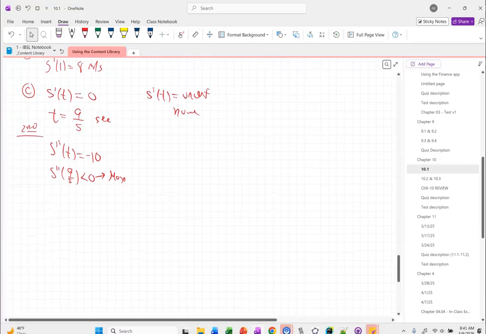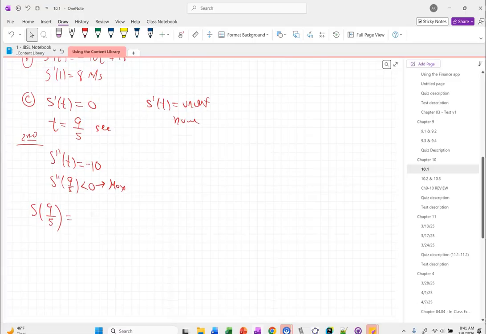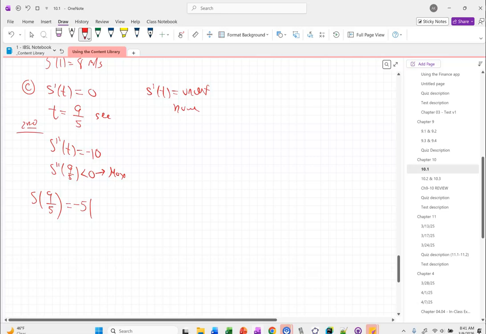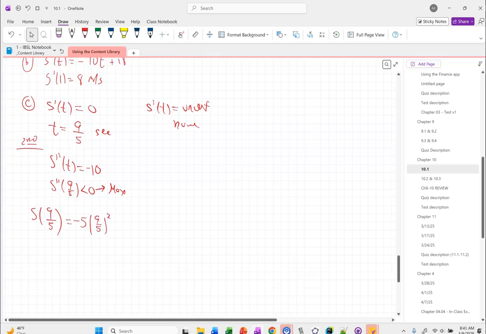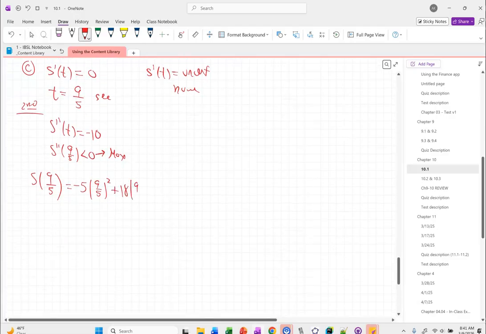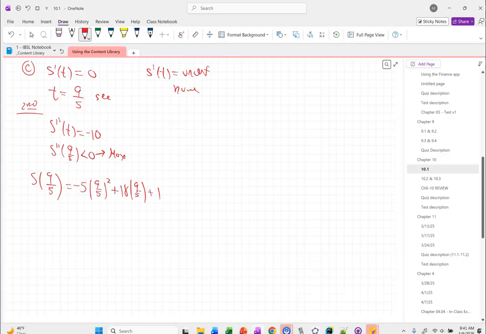To get that, I'm just going to do s of 9/5. So what was the function again? Negative 5t squared plus 18t plus 1. So what's this going to be? Negative 81 plus 162 over 5 plus 1.